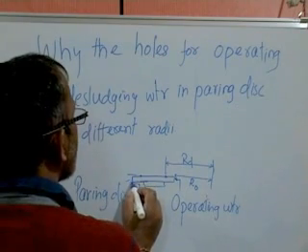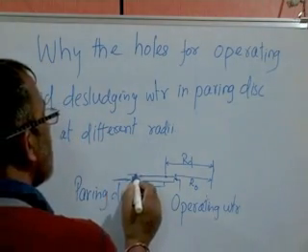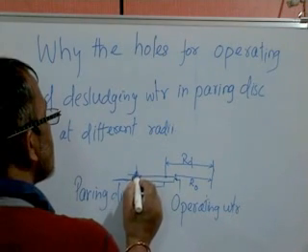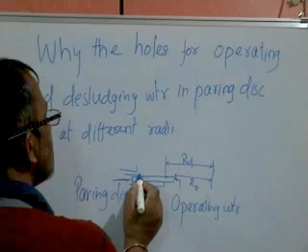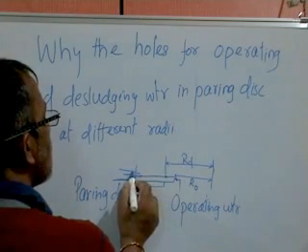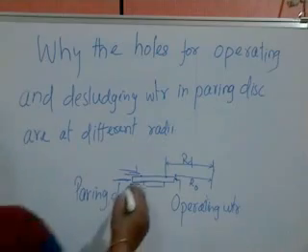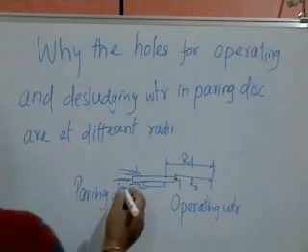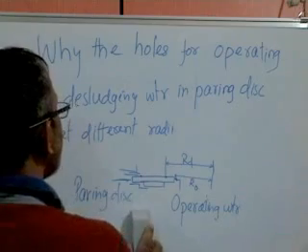Through this goes the operating water, and another channel is made through which the desludging water goes. So the question comes, why is the difference there for the different radii? Let us go in detail.